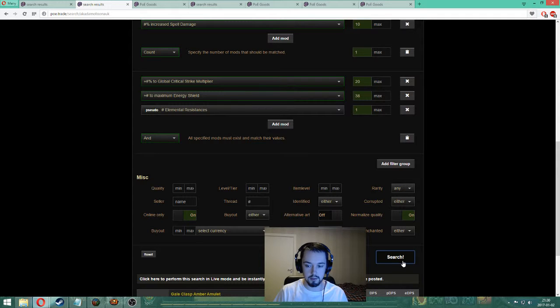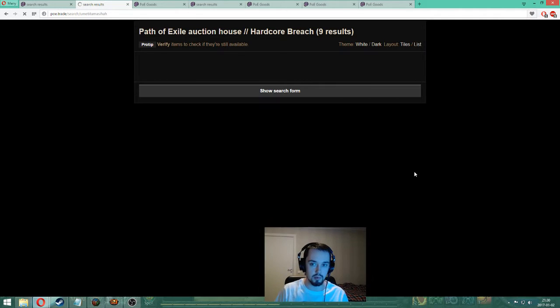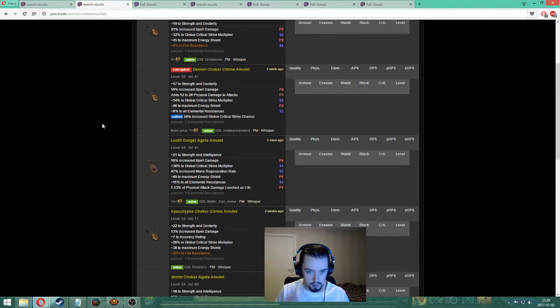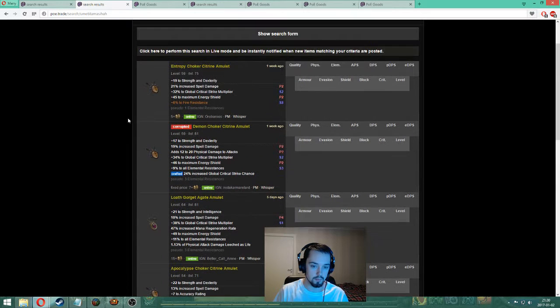Don't be too specific with lightning resist, stuff like that, it's important. Here we have one that is fairly similar to ours, slightly worse fire resist, better damage, and this one is fairly close, so I would put it around this price level, probably around 7 chaos.